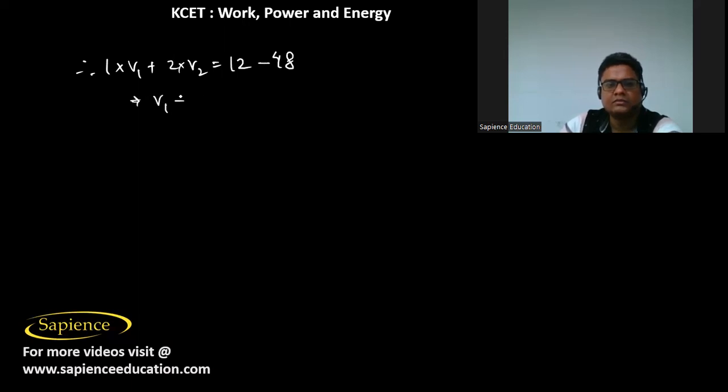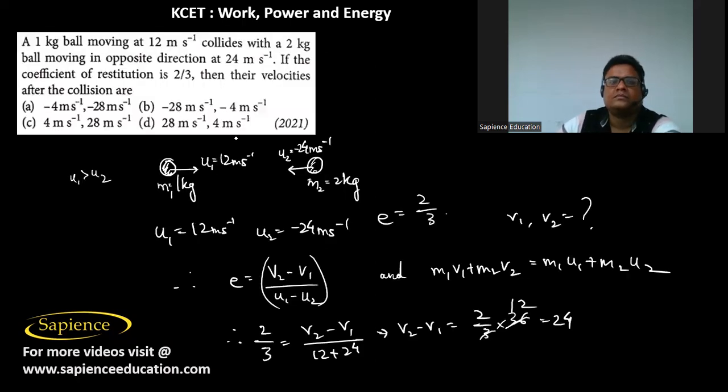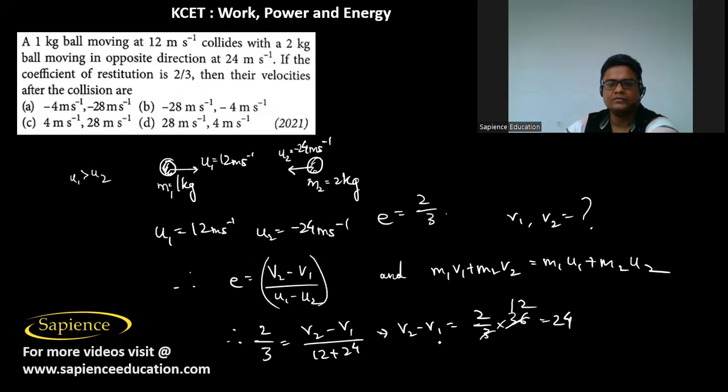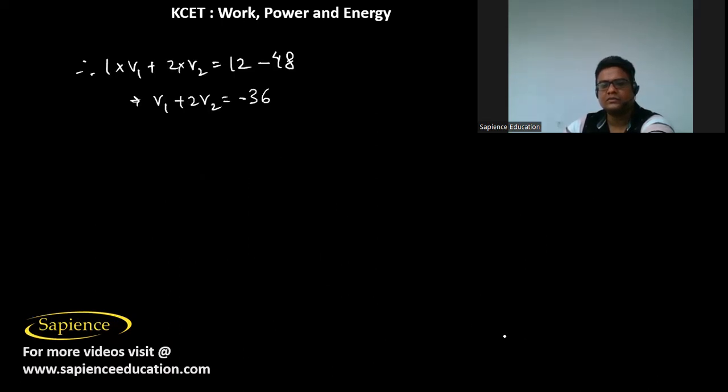Therefore we can say v1 plus 2 v2 is equal to minus 36. And v2 minus v1 is 24. So therefore we can say v2 will be equal to v1 plus 24.